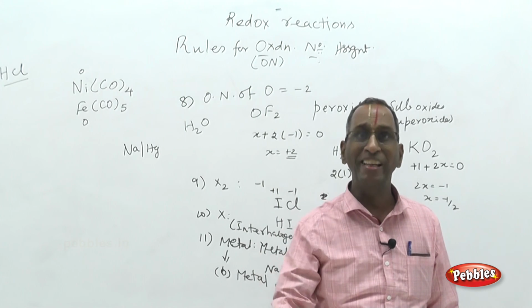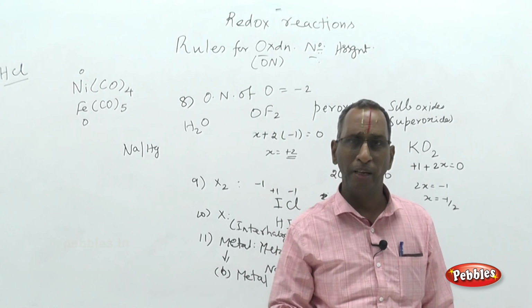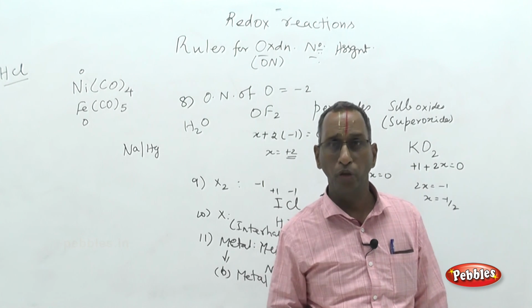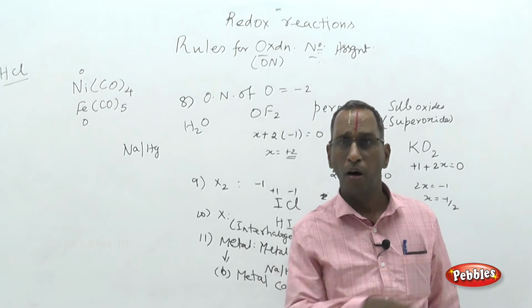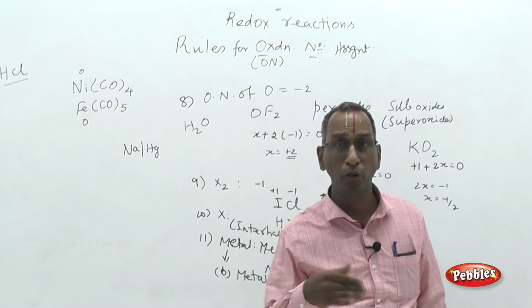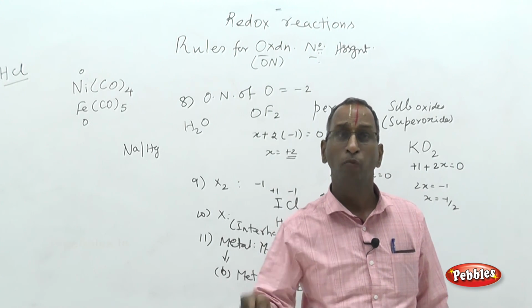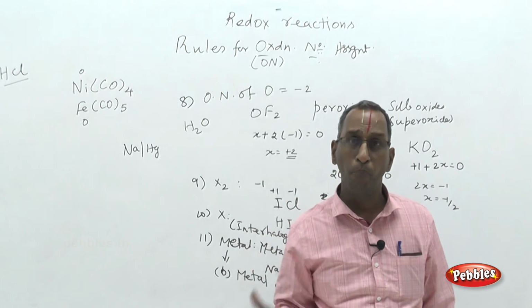From this we can predict whether a material can be used as an oxidizing agent or a reducing agent. We cannot generalize that all metals are oxidizing agents or all are reducing agents; some metals are used as oxidizing agents, some as reducing agents. So the capacity is based only on their oxidation number.